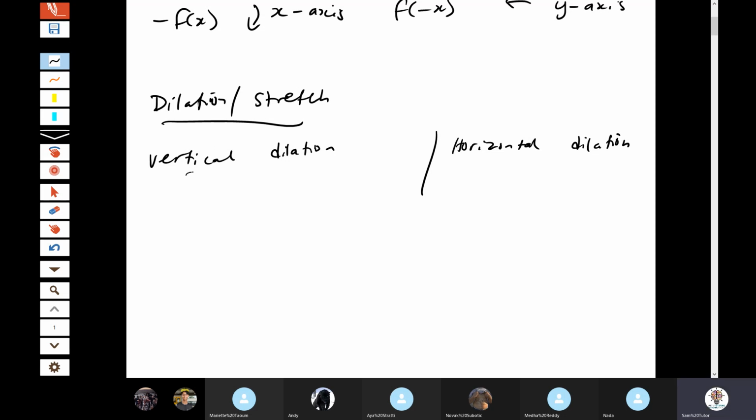Vertical dilation. Yes, stretch the y value, so is it a times f of x or f of ax? You are correct.